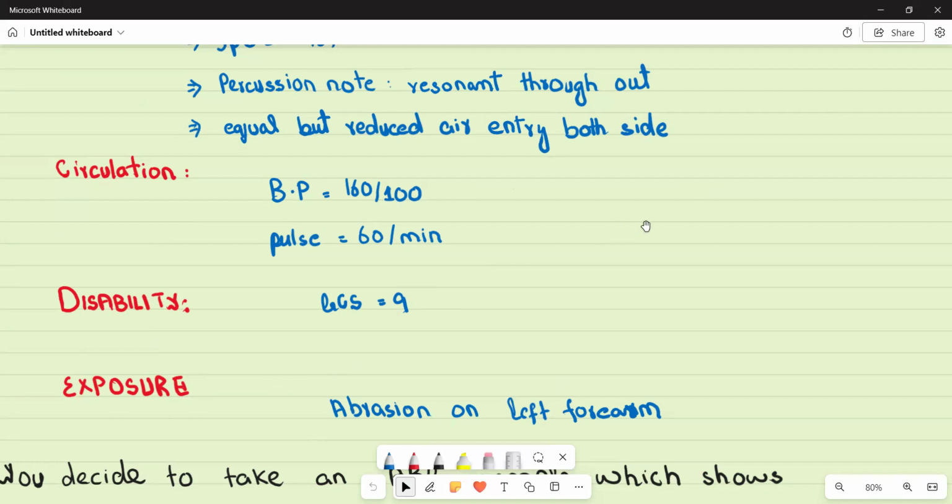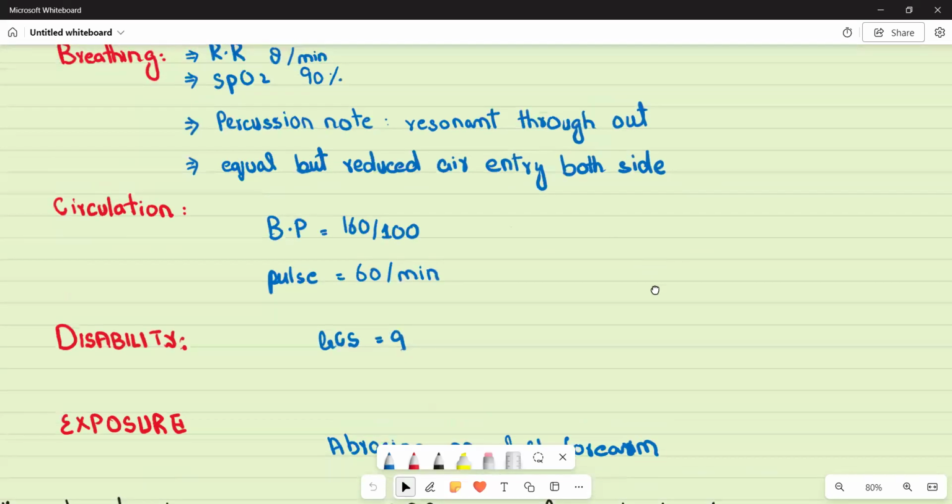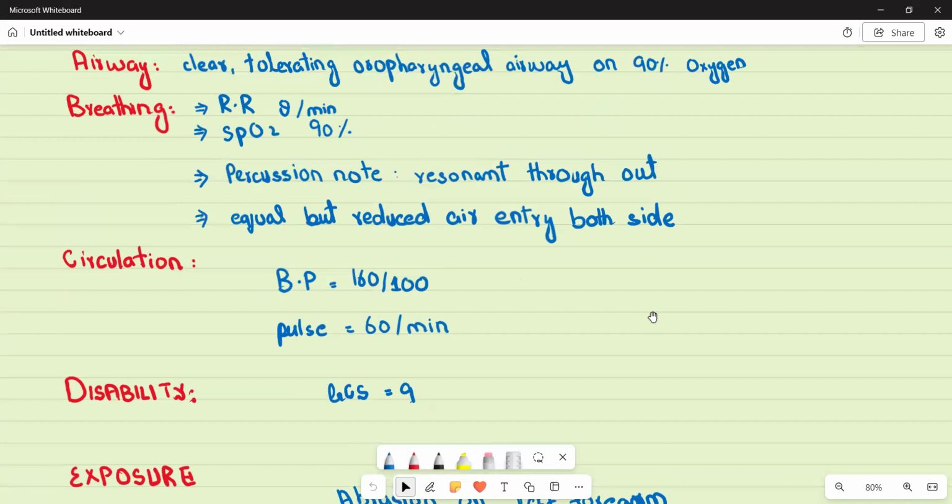So basically, what's happening here is you have got a 25-year-old patient who was brought to the emergency department after a fall from a height. Okay, and she has low GCS at the moment. She's unconscious because she's tolerating an oropharyngeal airway. She has been started on 90% oxygen. Her respiratory rate is low. Oxygen saturation is low because normally oxygen saturation is about 95%.